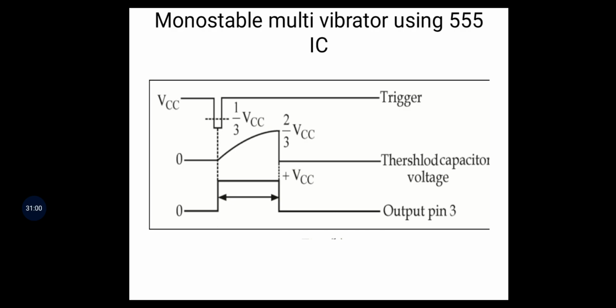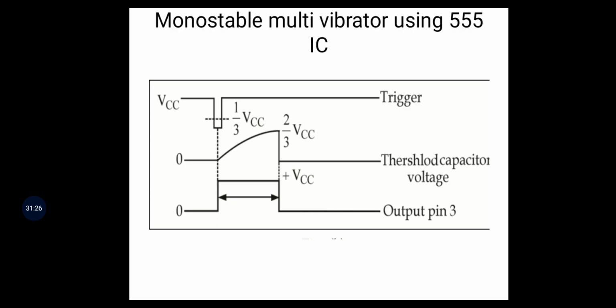Thus, here RC controls the pulse width. Here the pulse width is controlled by resistor and capacitor values. Here the output waveform is shown in the figure.